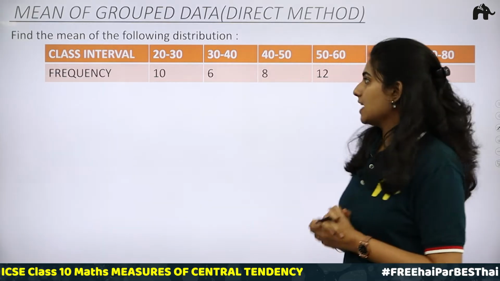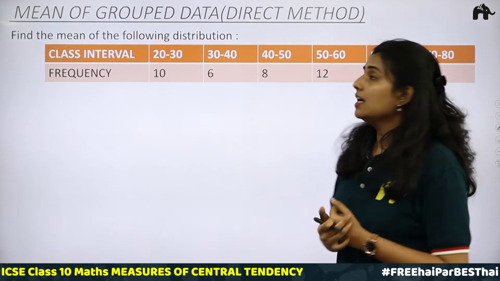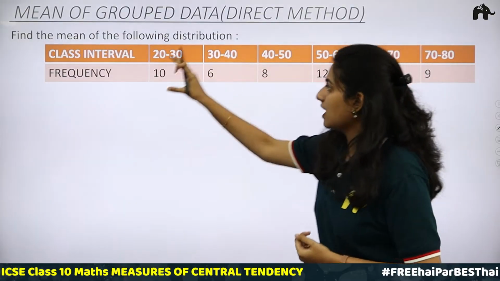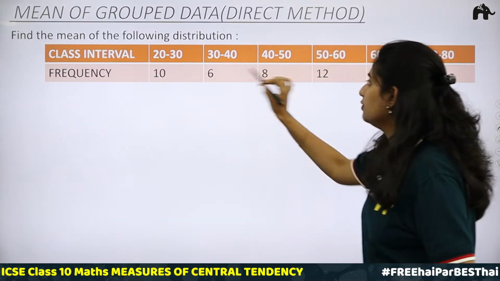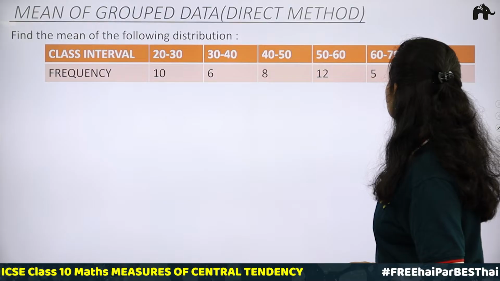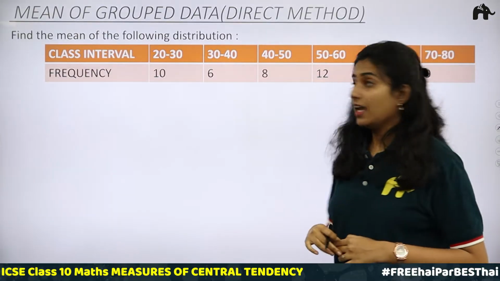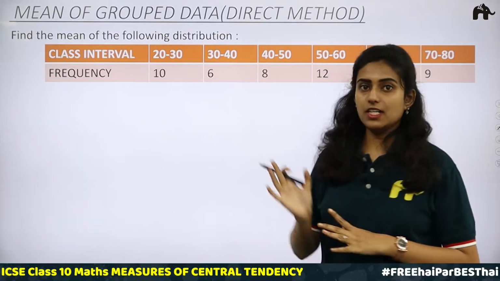With an example, let us understand how to find the mean of grouped data using the direct method. Here we have class intervals and frequencies given: 20 to 30, 10; 30 to 40, 6; 40 to 50, 8; 50 to 60, 12; 60 to 70, 5; and 70 to 80, that is 9. So these are the frequencies for different class intervals.